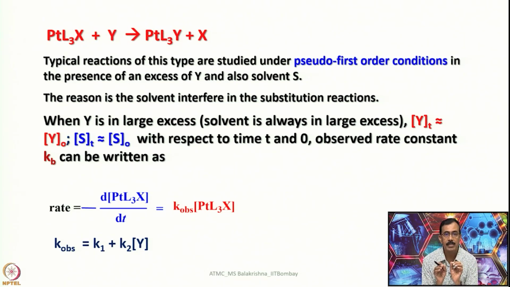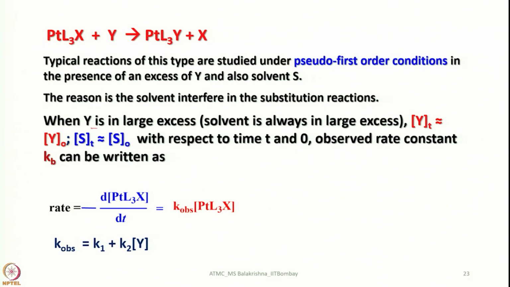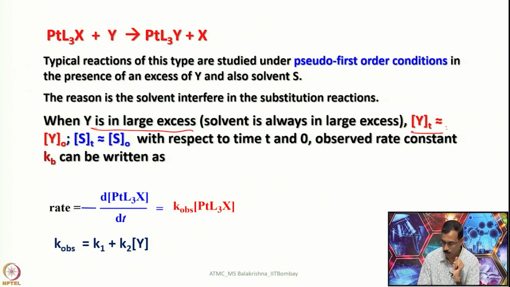The reason is the solvent interference in the substitution reactions. For example, if Y is in large excess, and of course solvent is always in large excess, the change of concentration of Y with time is almost 0. So, that means after a certain time the Y concentration does not change. Similarly, solvent concentration also does not change with time because the minimum change in the solvent can be ignored.